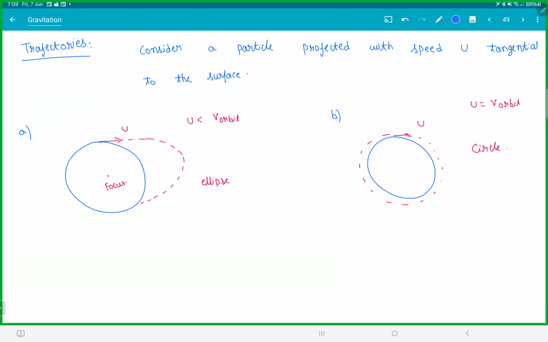They just gave the velocity and asked what is the orbit. Clear? Great. Let's see a question.